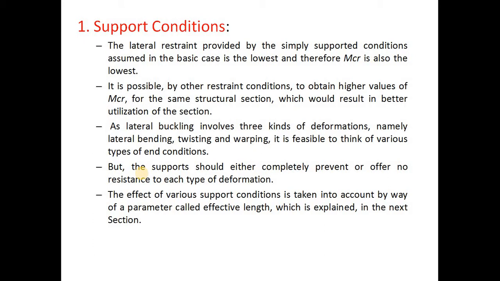But the support should either completely prevent or offer no resistance to each type of deformation. They should not give partial restraint. Either they should prevent the full deformation or they should allow it freely. The effect of various support conditions is taken into account by a parameter called effective length, which is explained in the next section.